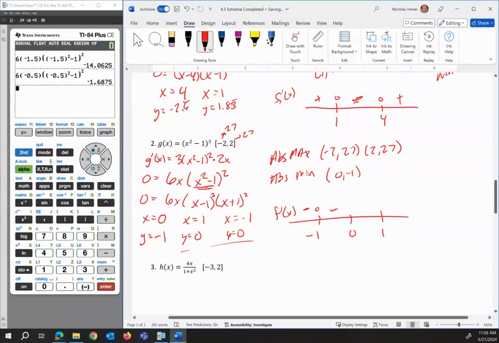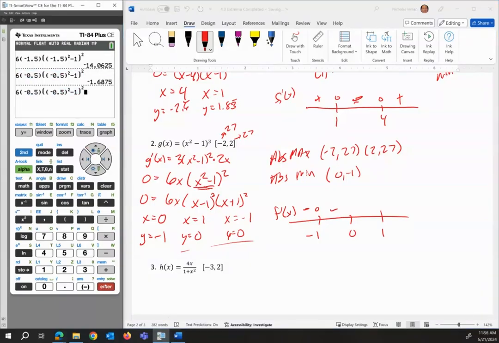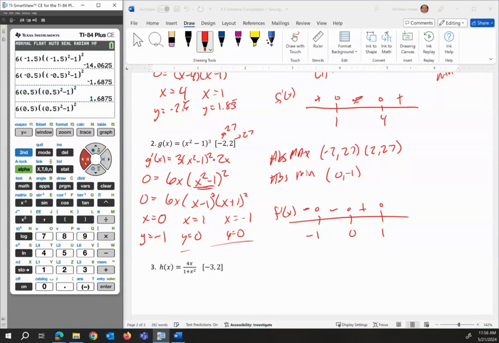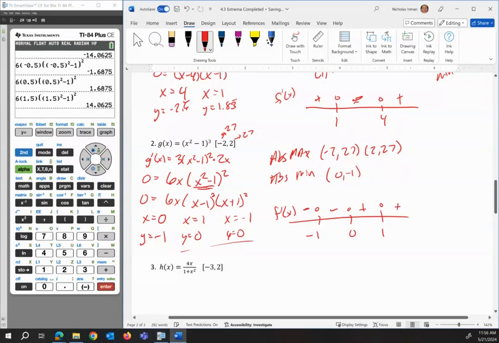From 0 to 1, so if I plug in 0.5, positive, my slope changes to positive. If I plug in a number larger than 1, it is also positive.